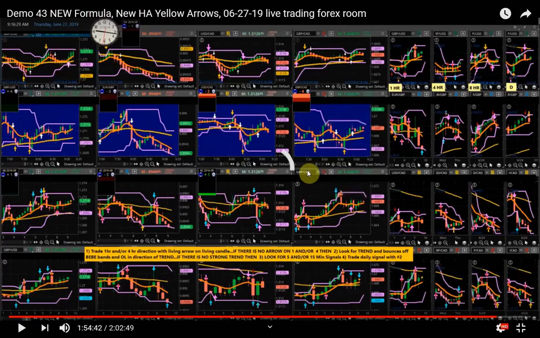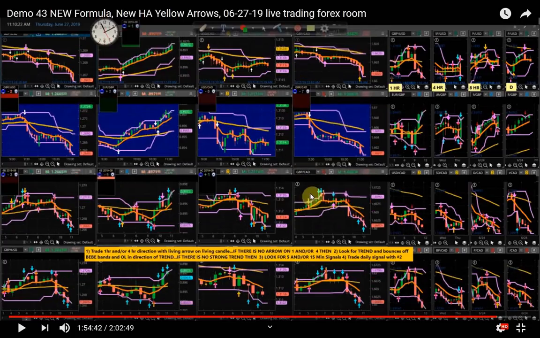Let's have a look what happened. Well, would you believe it? Look, bam, down. Got signals in the end. Look at this, 8-hour BB band. After that, bounce. Look at the EG, daily's disappeared.